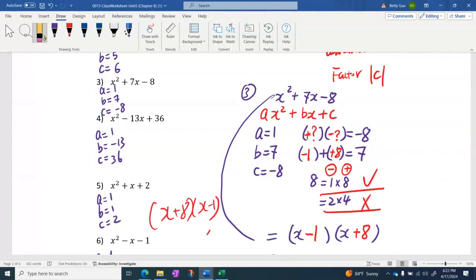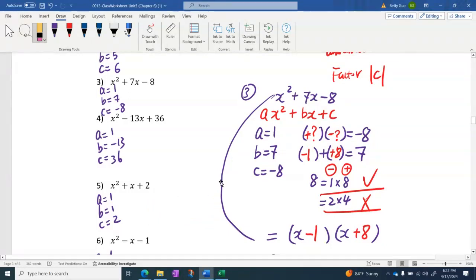The order of the two factors doesn't matter. Does that make sense? Again, I would always double check. -1, +8 multiply to -8, the constant. -1, +8 add up to 7, the coefficient of x.